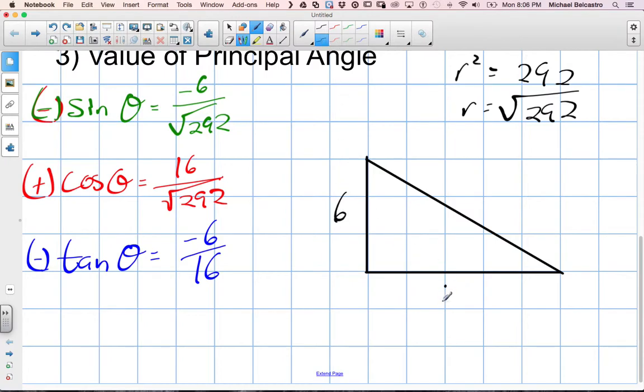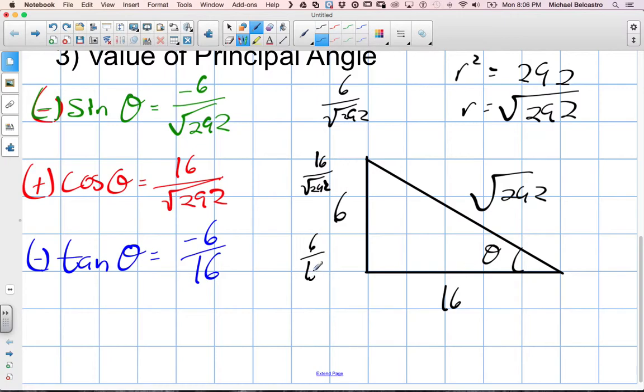Remember that this was 6, this was 16, this is root 292, and this was the angle we're referring to. So without the negatives and positives, our primary trig ratios would have just been 6 over 292, 16 over 292, and 6 over 16, for sine, cosine, and tangent. That's all in reference to this one here.